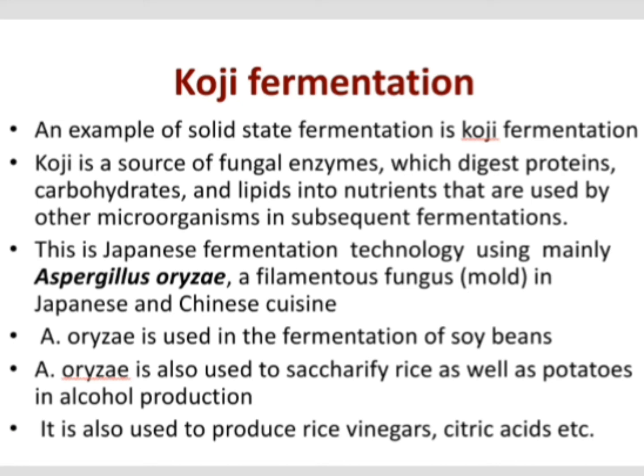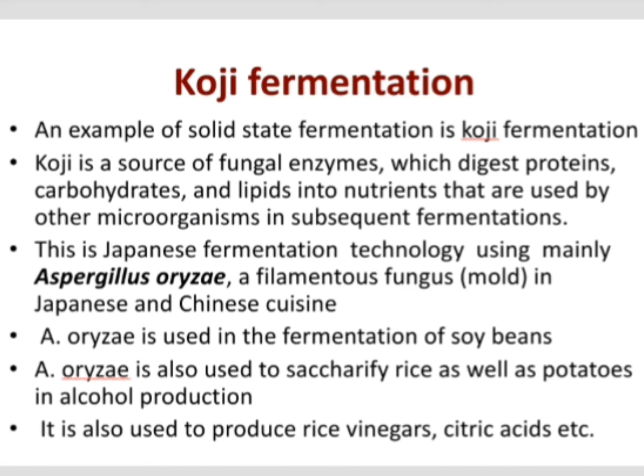This fungus will produce several fungal enzymes which can digest proteins, carbohydrates, lipids, etc. So with this fungus they are making so many products. They are using this Aspergillus oryzae for the fermentation of soya beans.